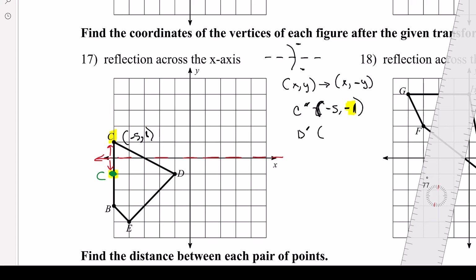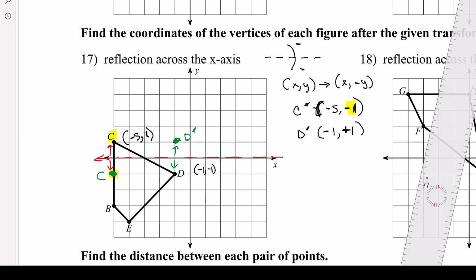So d prime, so if d is -1, -1, we're going to multiply the y value by -1, so we change that sign. So -1, +1. And that also makes sense because from the reflection line, we're 1 away from the x-axis.